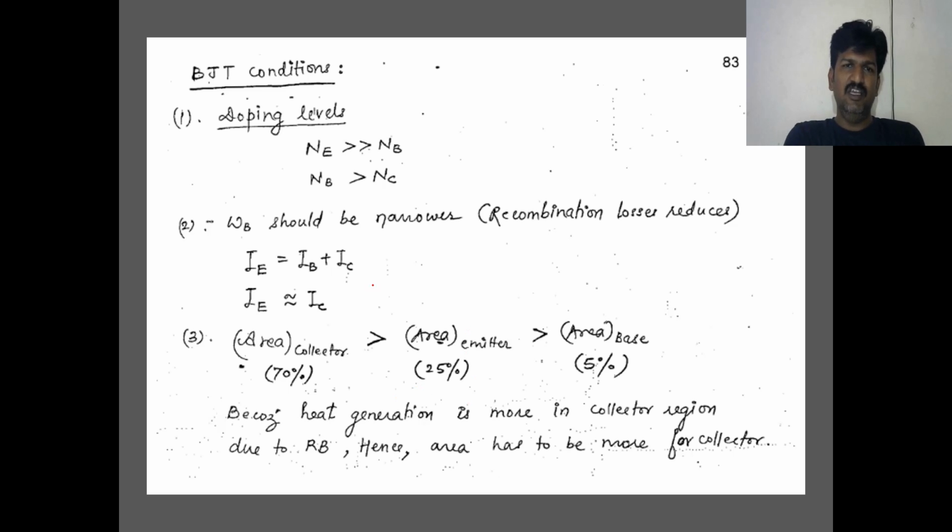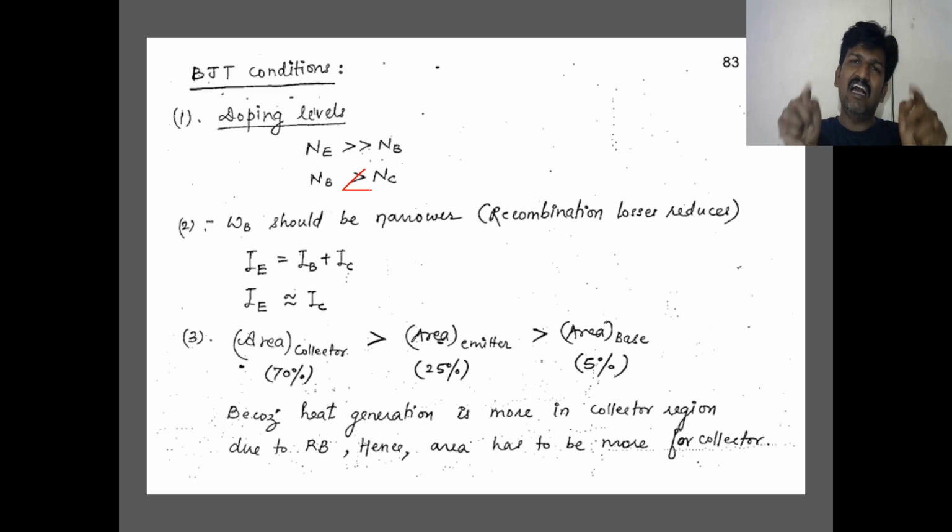This condition is wrong actually. I want to correct it like this. Base doping level is much lesser than the emitter doping level, and collector doping level is moderately larger than the base doping level. That is a very important point.